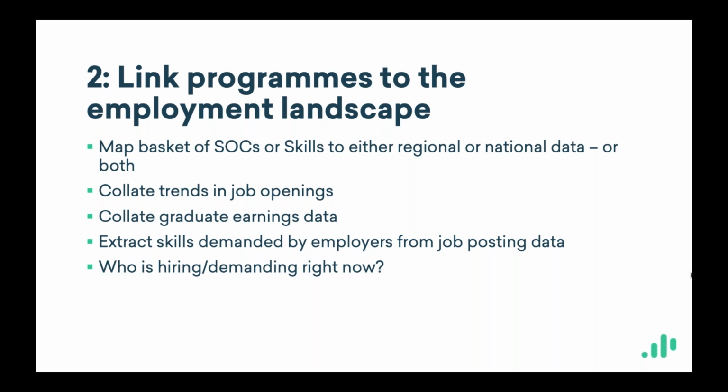So the next step will be linking those programs to the employment landscape, and as I said before, you'd be creating this basket of SOCs and skills, and then you're mapping that to either your regional or your national data, or indeed to both, depending on the marketing approach, the recruitment approach that you have.